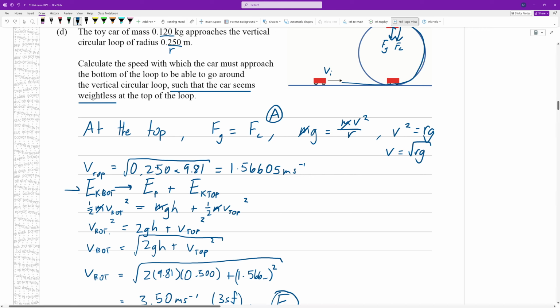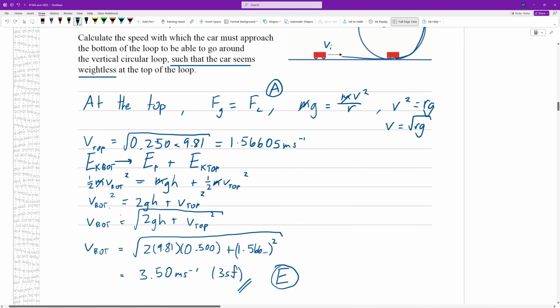So it started with kinetic energy at the bottom, and that went into potential energy plus less kinetic energy. We put in the equations for kinetic energy, potential energy, being careful with our labeling, so V bottom and V top, and we solved for V bottom, which gave 3.50 meters per second.